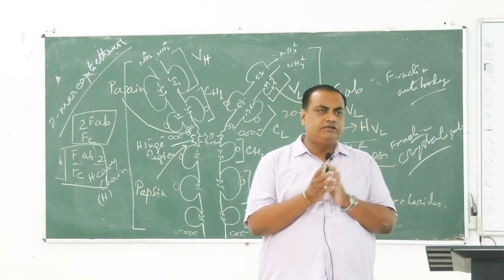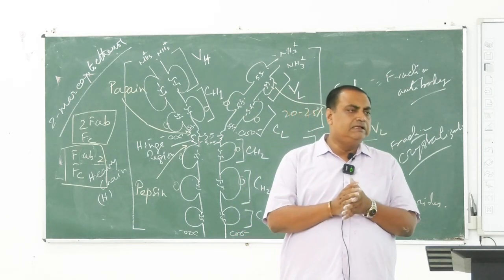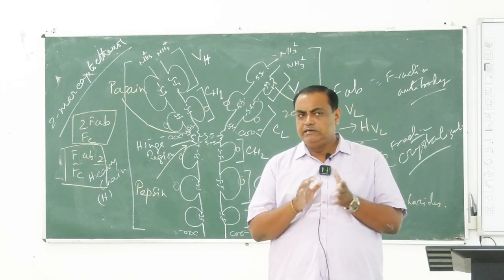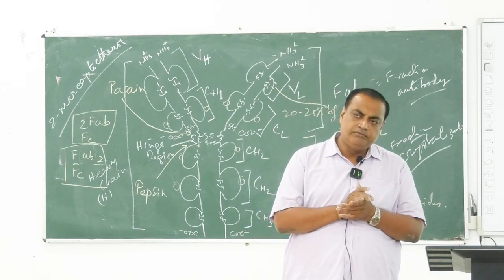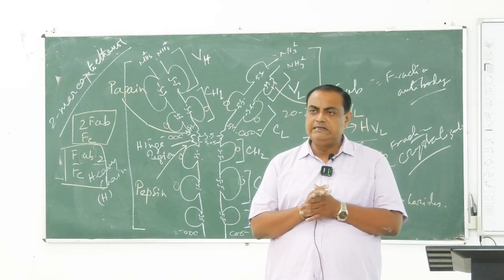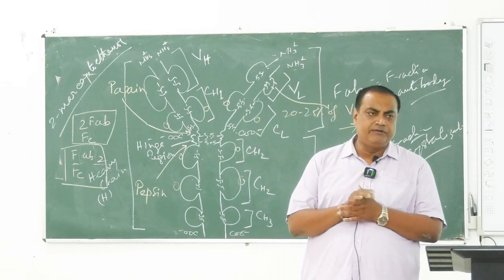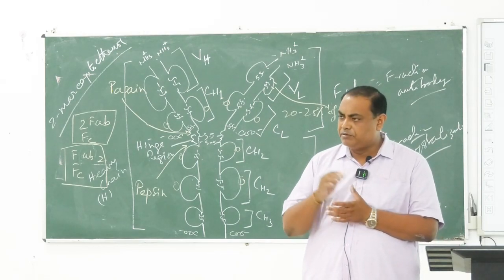So, when you draw the structure, give the heading general structure of immunoglobulin. It is a Y-shaped molecule whose structure contains several domains. The domains are formed by disulfide linkages.